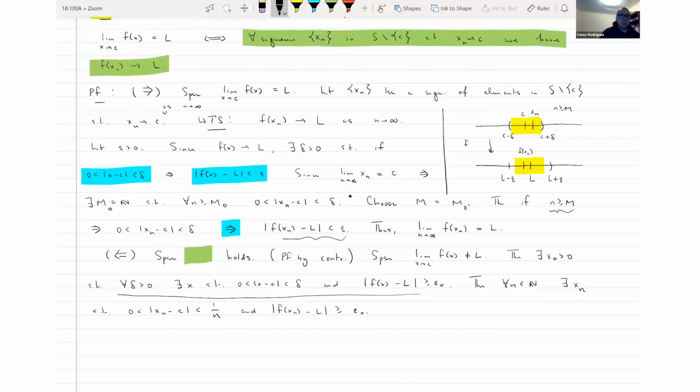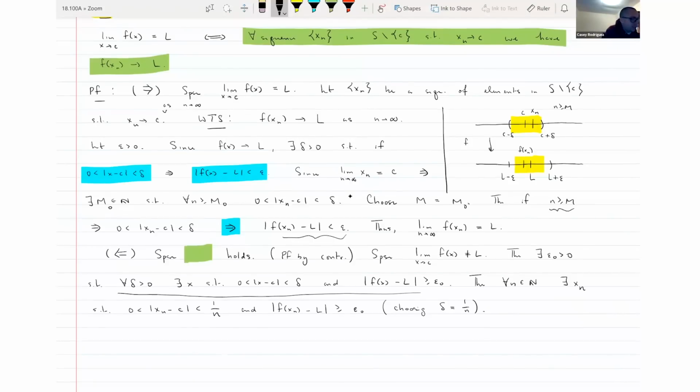So I'm just choosing delta to be 1 over n for each n a natural number. Is this point clear? Please stop me if you have questions and something is not clear.